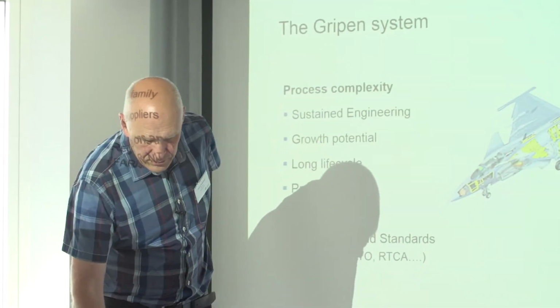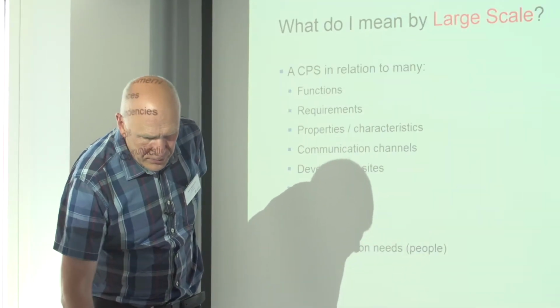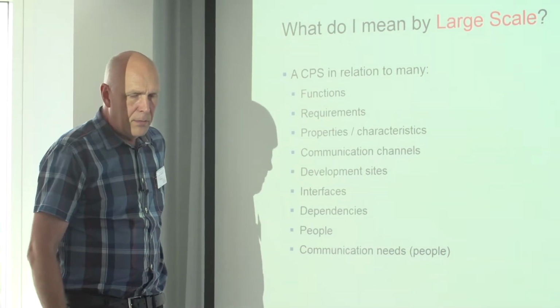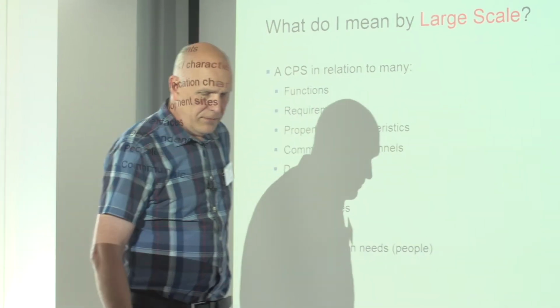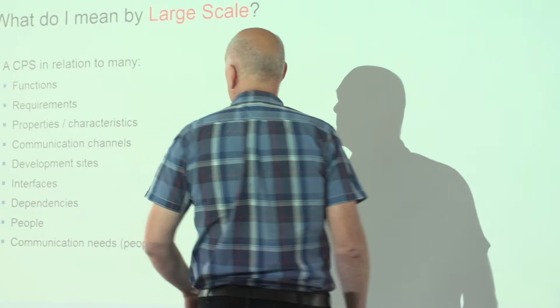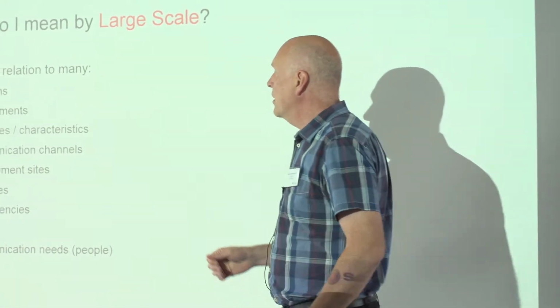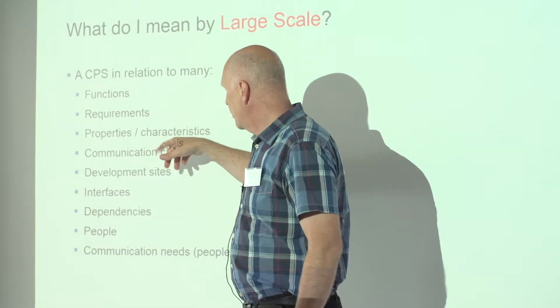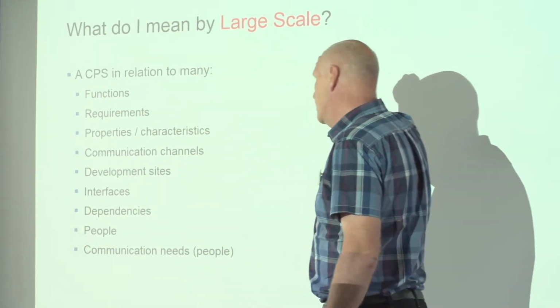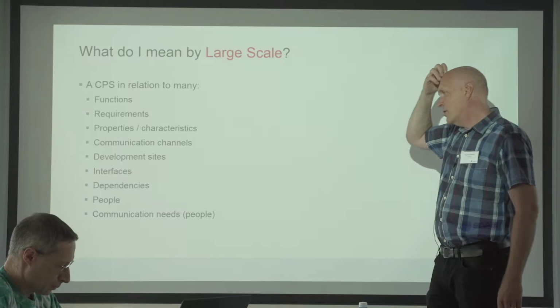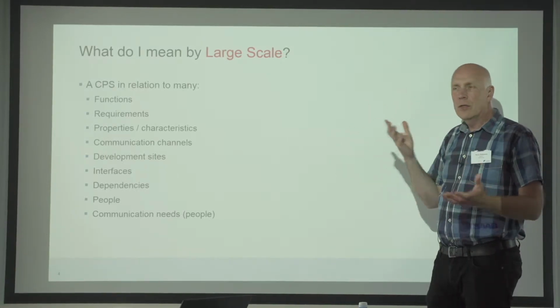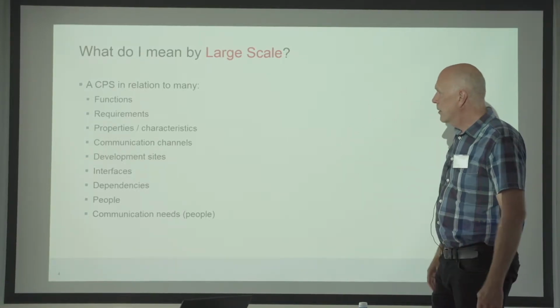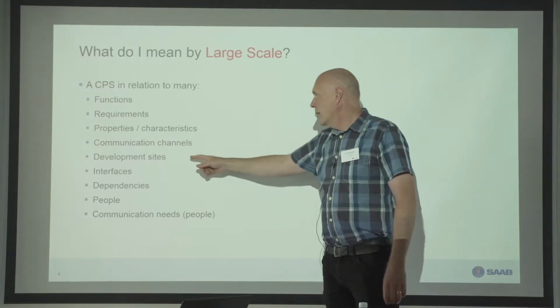So, some properties of complexity. What do I mean by large scale for a CPS? Related to that, we have many functions in the system, many requirements, of course, from both customers and other stakeholders. There are a lot of properties and characteristics to deal with. Communication channels. We have development sites.